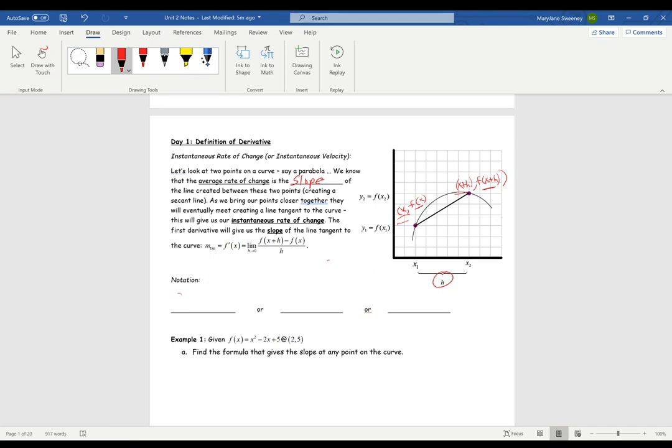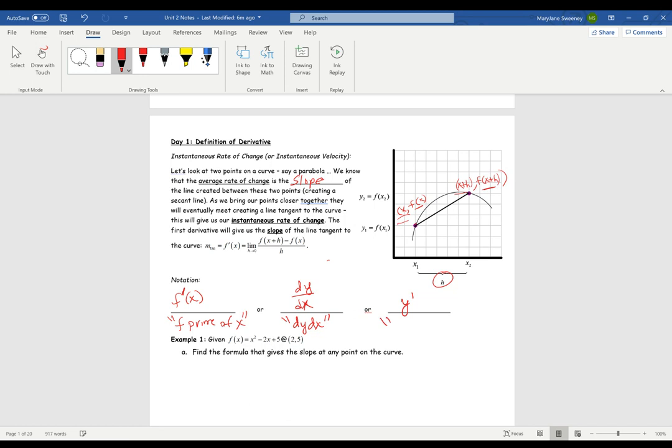Now for notation, f prime of x, so f, and it's kind of like a little dash. It's not a 1, it's just a dash. And it's read f prime of x. Or dy dx. So it looks like dy over dx, but it's actually read dy dx.